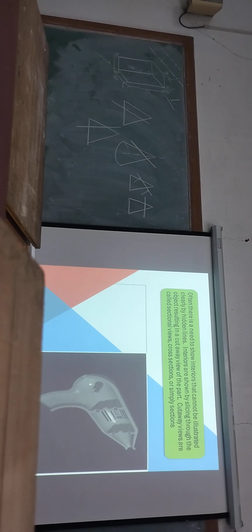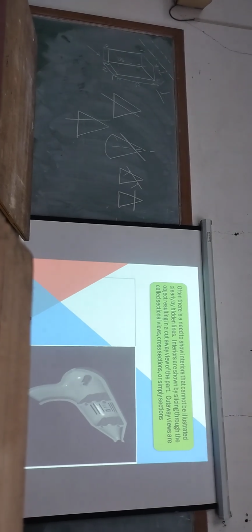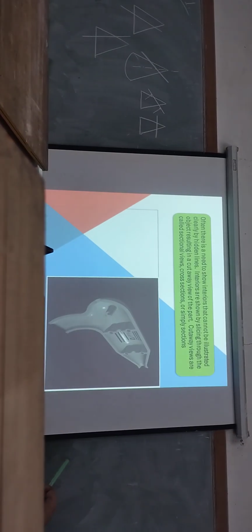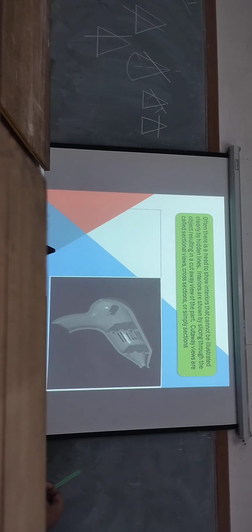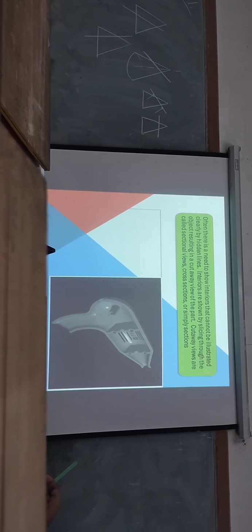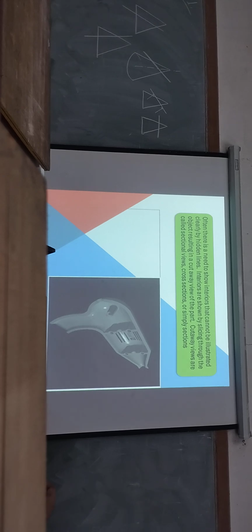What things are there inside the register? Have you seen? But here what happens? If you cut the register from the middle, then you can understand how it is made, what things are there, what internal parts are there. That's why this is very, very important.